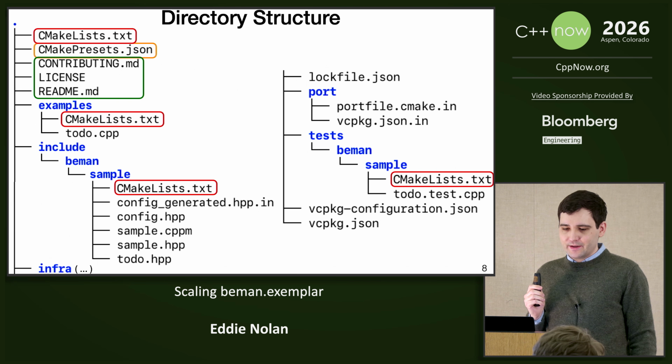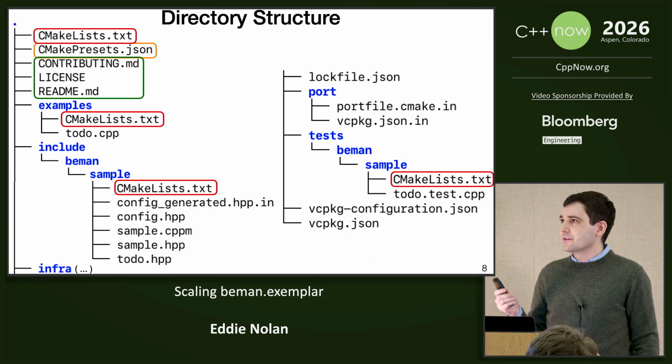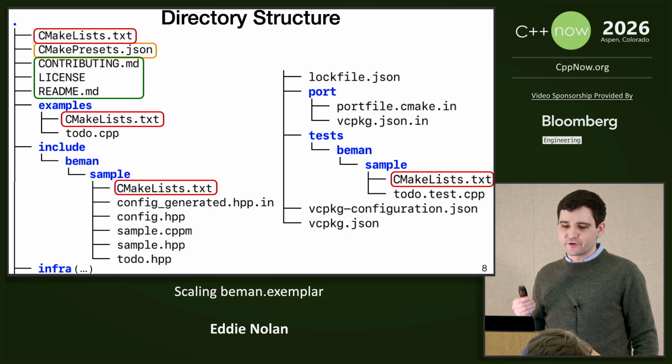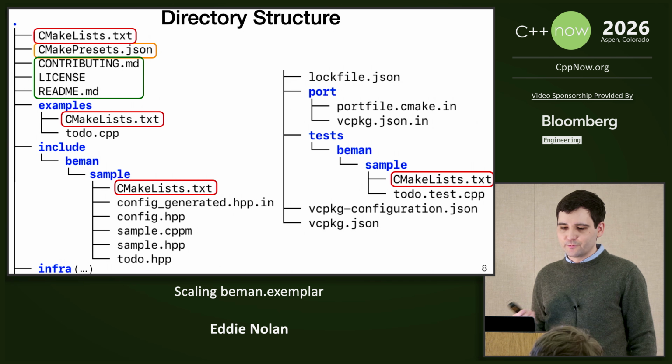We have various forms of documentation. The README is intended towards users who want to just use the library and play around with it and not necessarily make commits, whereas we have a separate contributing file that goes into more detail about how to build and use the CMake for various custom workflows.